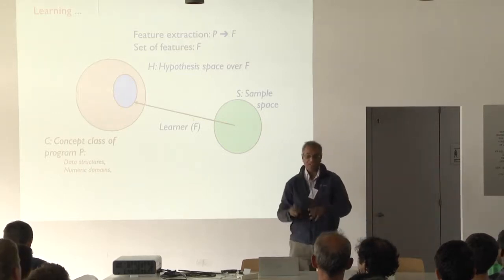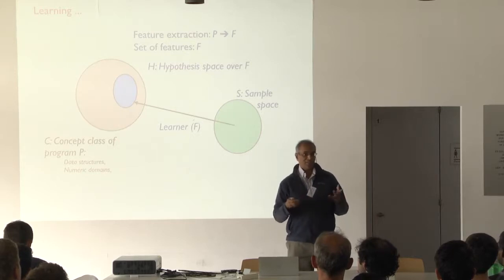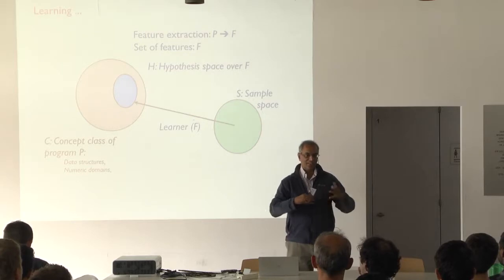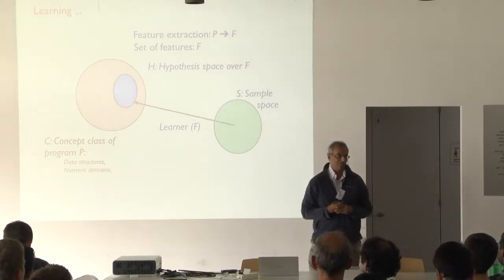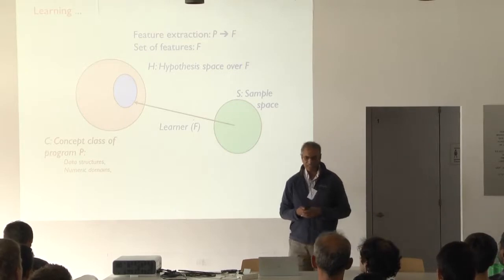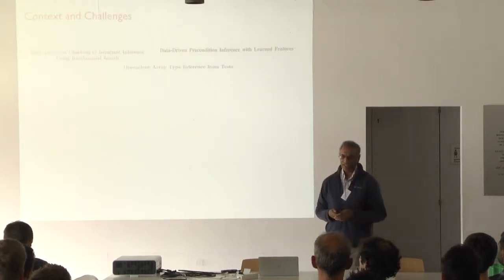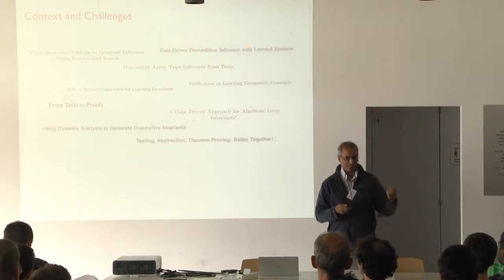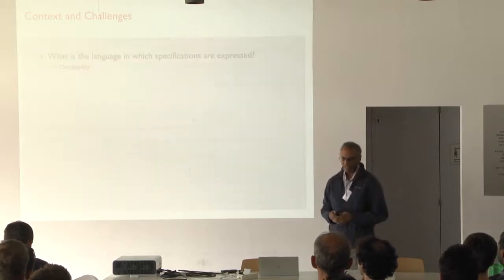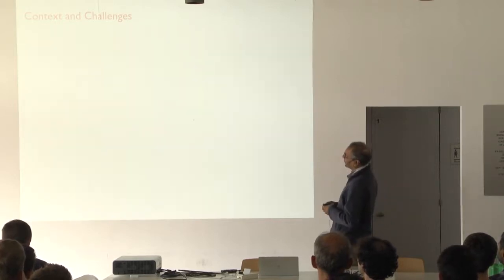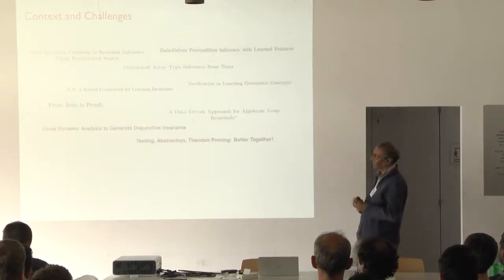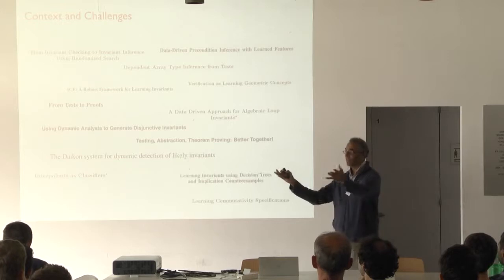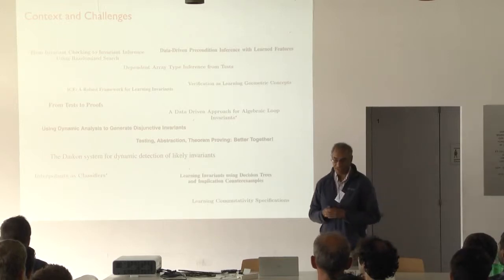Now, in this picture, I haven't talked at all about verification or anything. So there are things that need to get filled in here that tie all of this into the general goal of relating this to a program verification problem. This particular idea of specification inference via learning in itself is not new, and there's been a whole bunch of work, some of which has actually been done here.